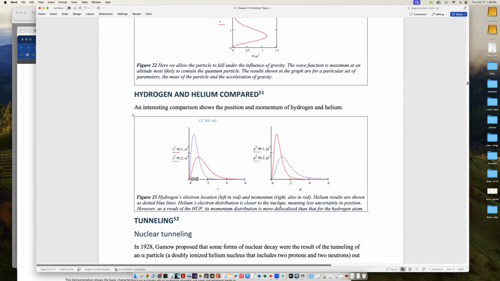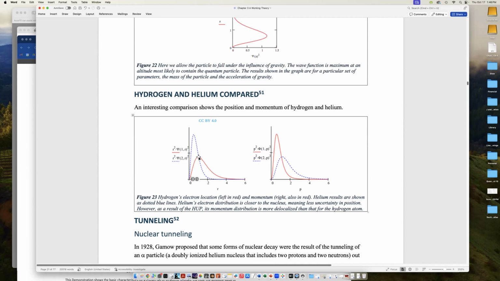Now let's compare, using the Schrodinger equation, the probability of where the electron is in hydrogen, that's red, and helium, which is the dotted blue line. And you see an interesting thing, that the red position, the most likely position for the electron, is farther away from the nucleus. This point 0 is the nucleus of the atom.